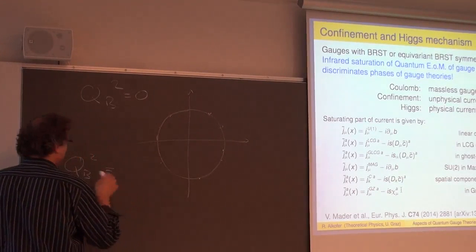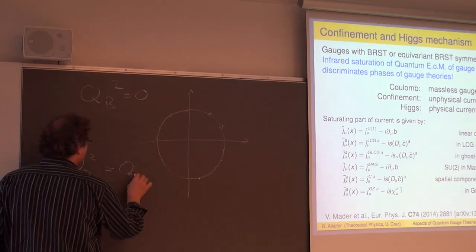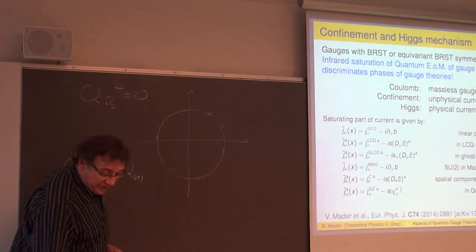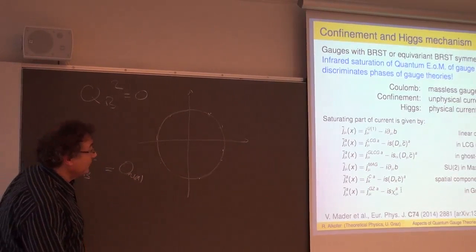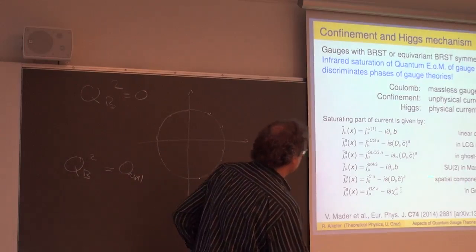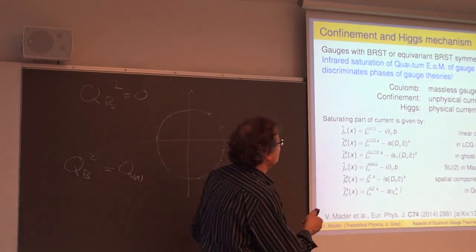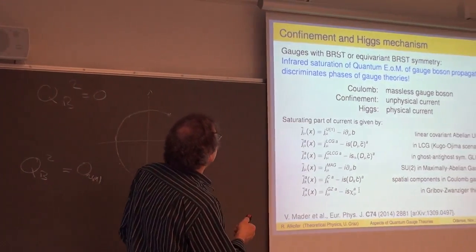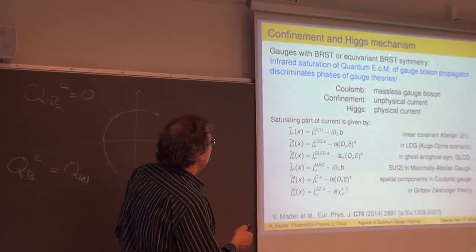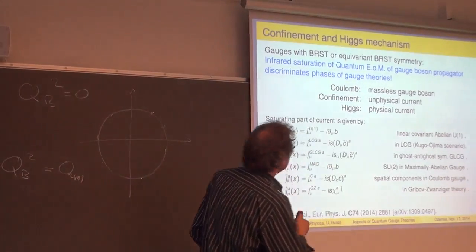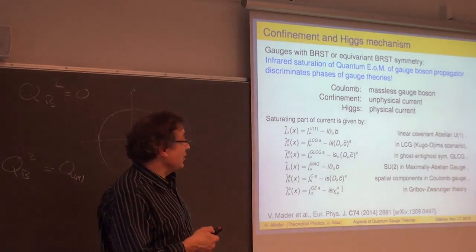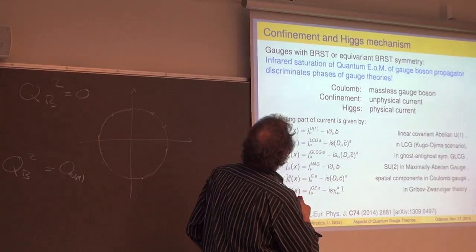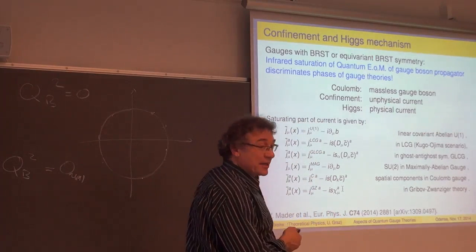In the case of maximal abelian gauge, these are U(1) or center invariant, a kind of Cartan subalgebra invariant operators. This is what to understand as an equivariant BRST symmetry. So it's an even weaker requirement than BRST symmetry. We also needed this for technical reasons, because with the help of the BRST charge, we could identify what's an unphysical current. We needed BRST or equivariant BRST only as a technical tool.